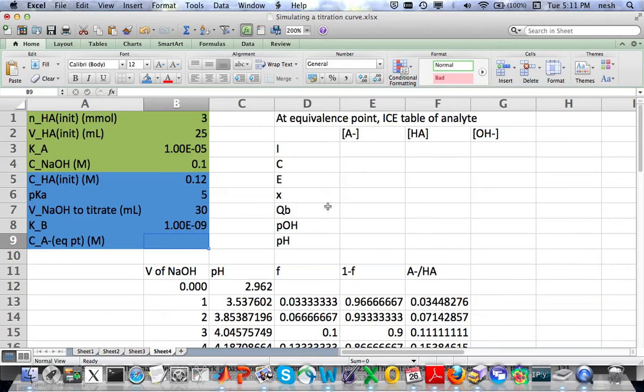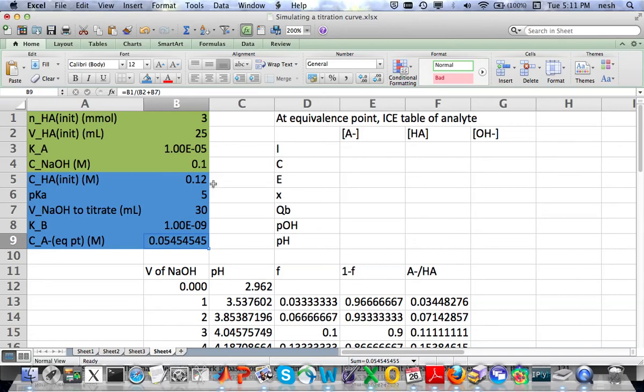All right, the concentration will be the number of moles of A minus, which is what the initial amount of HA was, which has all been converted to A minus, divided by the total volume. Well, that's the volume of HA that I started out with, 25 mL, plus the 30 mL it took to titrate. Okay, so that should be the concentration of A minus in that analyte solution.